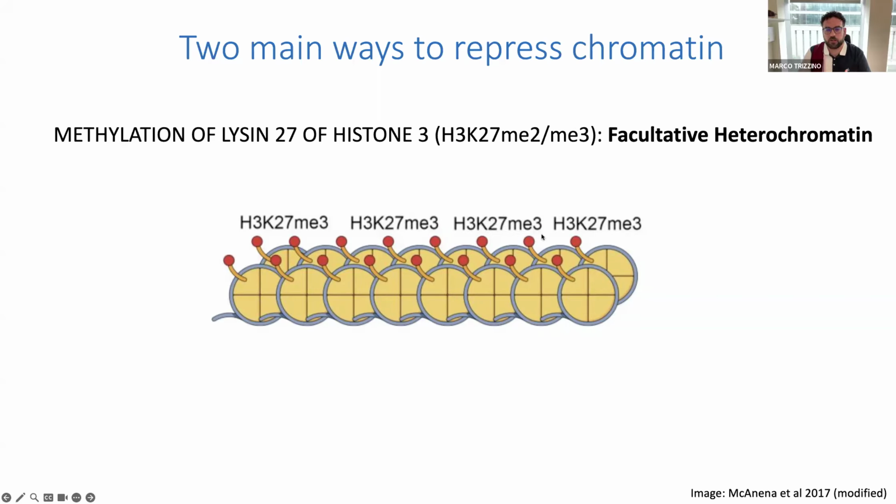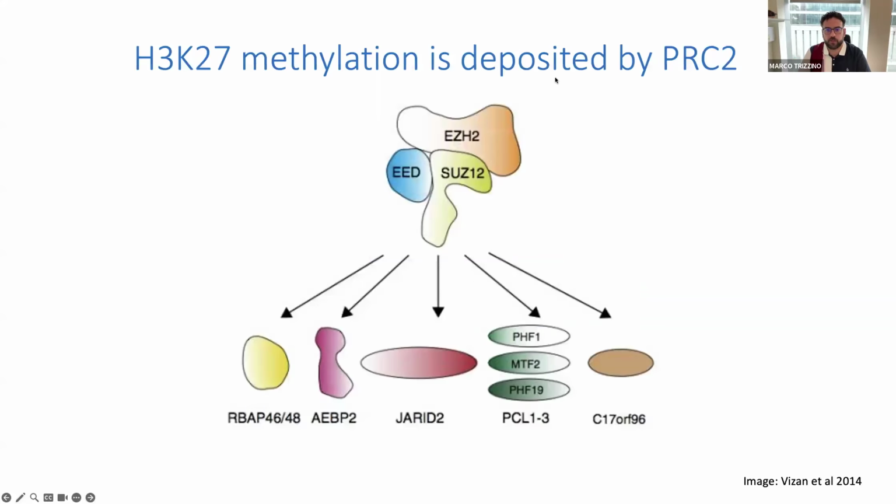Again, this is facultative. So these are heterochromatic regions that maybe during development you need to switch from active to inactive and so on and so forth. So this is the type of heterochromatin that you would have. And something important to remember is that this specific H3K27 methylation is deposited, is regulated by a very important protein complex called PRC2, which is made of multiple different subunits, 3 of which are compulsory, always there.